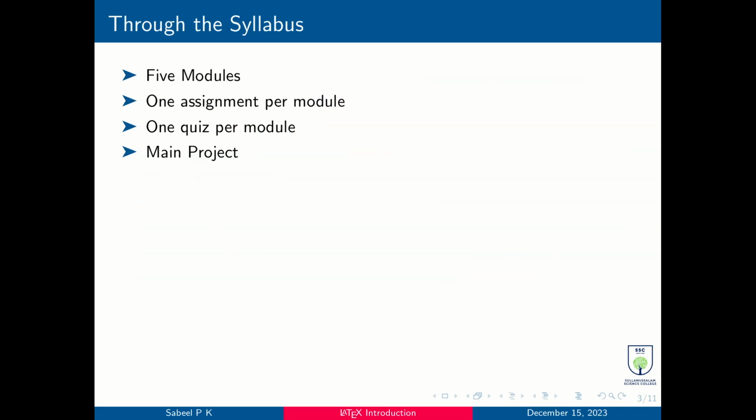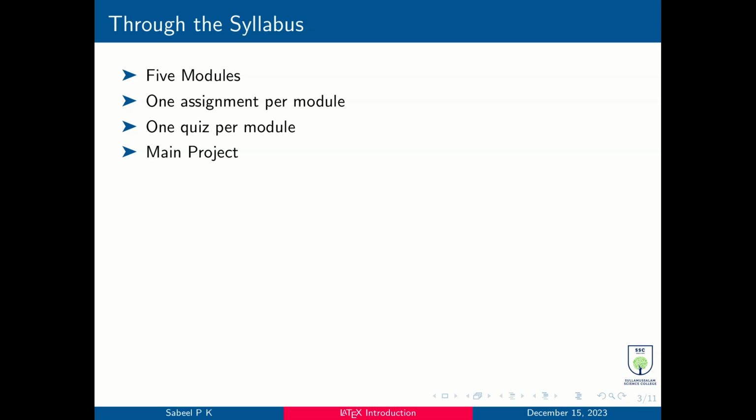Also this main project is there. Main project means at the end of the course, when we approach the fifth module, we will implement a main project, that is to write a research journal or article which comprises a figure, a table, a bibliography and all things that we studied in each module.